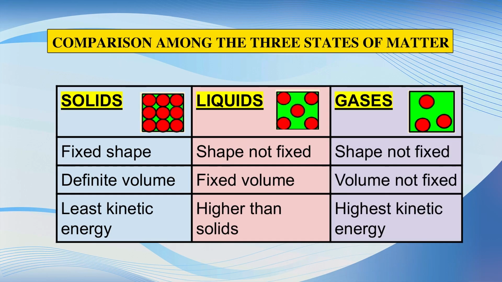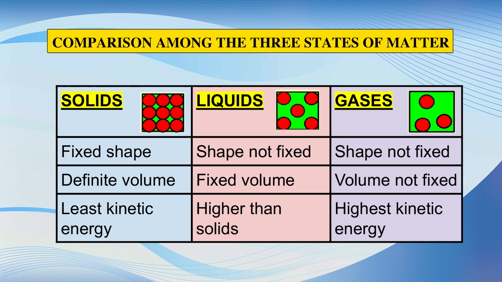Let us recall the properties of three states of matter by comparing them through a table. Solids have fixed shape, whereas liquids and gases do not have fixed shape. Solids and liquids have fixed volume, whereas gases do not have fixed volume.